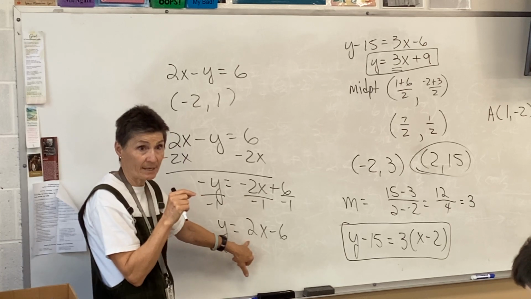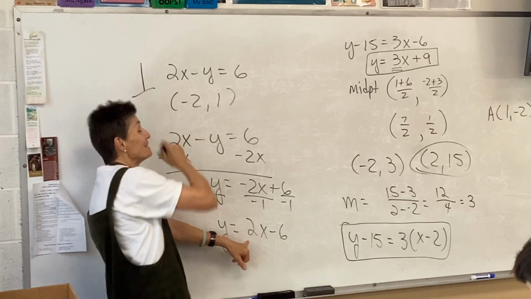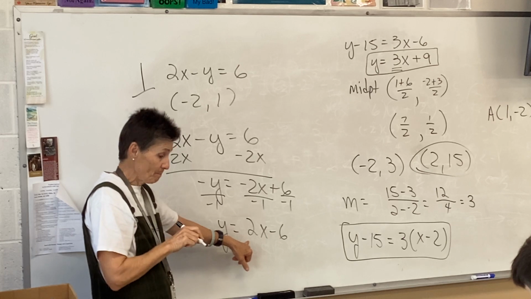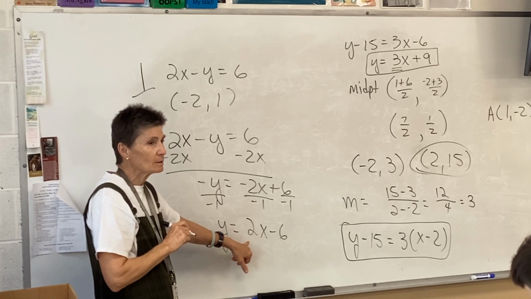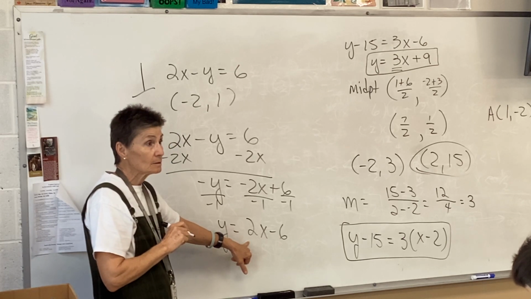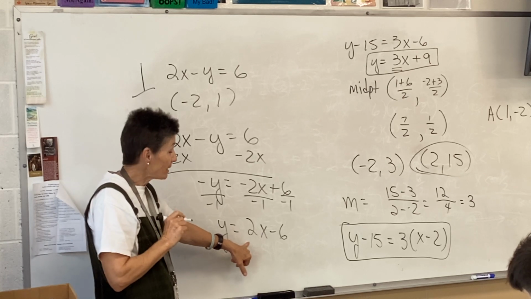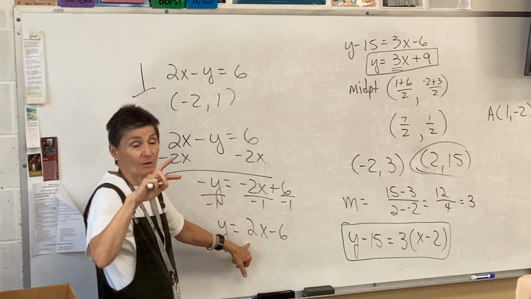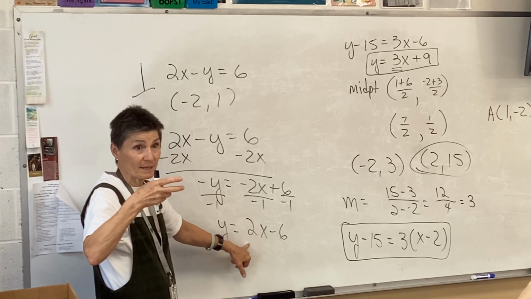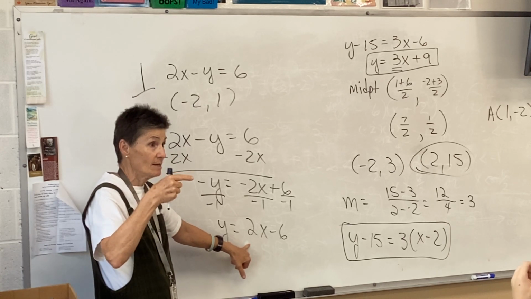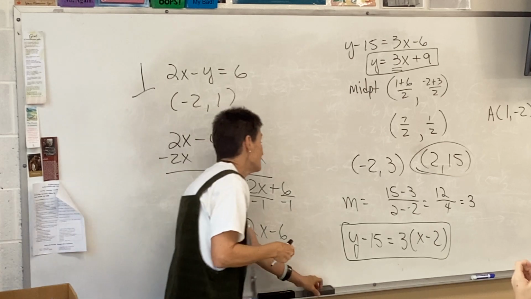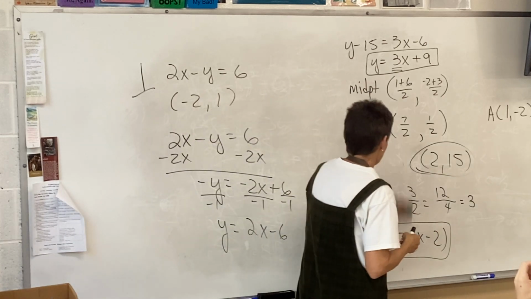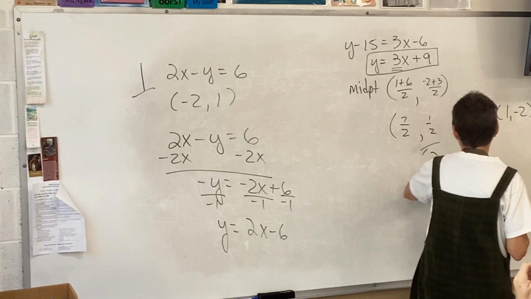This is my given line. But I want the perpendicular in this problem. So what slope will I use? Negative, not negative 2, negative 1/2. Because when I do the perpendicular, I have to flip it and change the sign. So my slope is going to be negative 1/2.